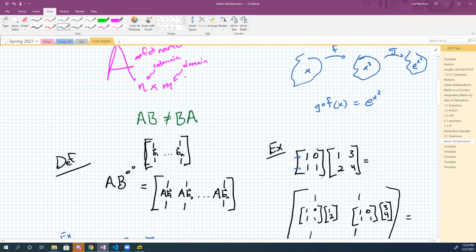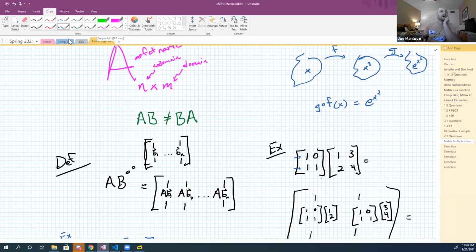So to add to that, this one is left multiplication of A, and this one is right multiplication of A. Right, so I'm multiplying A on the left of B, and I'm multiplying A on the right of B.